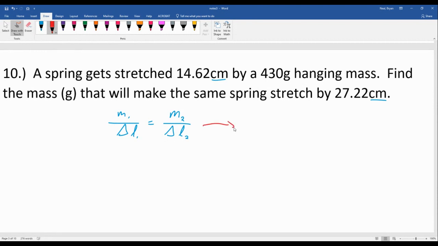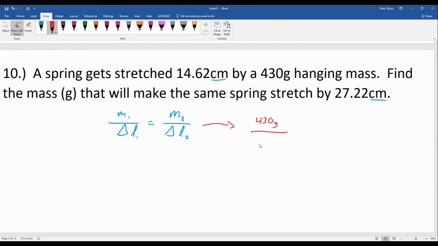And so if we look here, that's what we're looking at. We're looking for the mass, right? So we can plug in everything else. Originally, 430 grams, which is not a force, and usually this is not okay. But because we've got different circumstances, this is actually going to cancel and work without us having to fix all the units like normal.